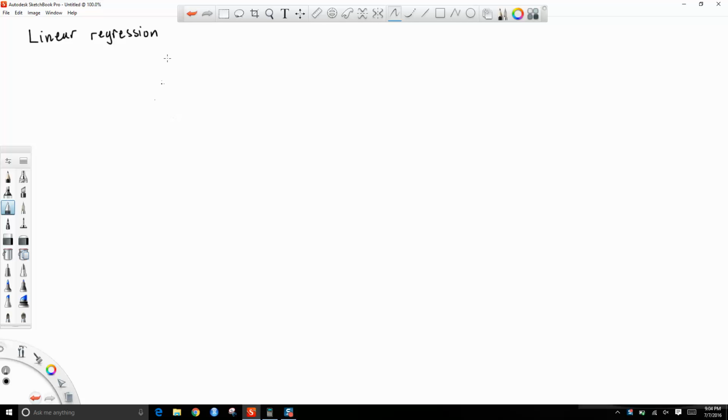In linear regression, what we're going to do is try to create a model, or maybe I should say a mathematical model.